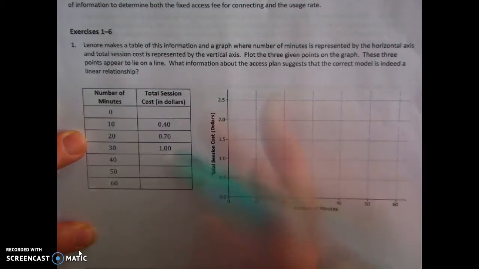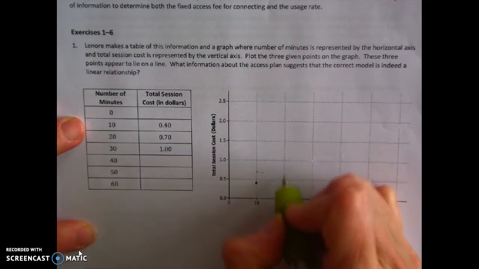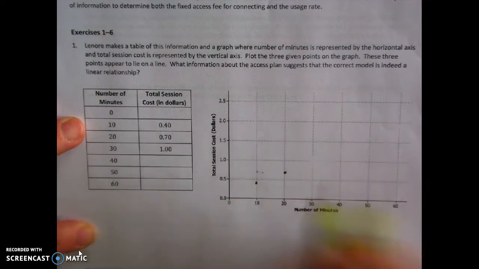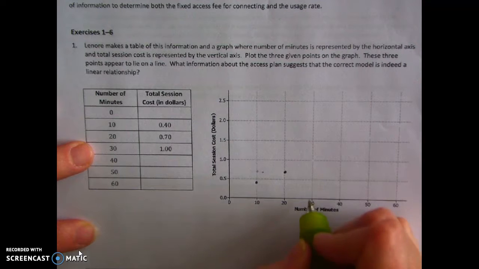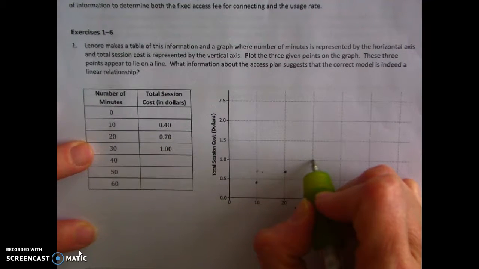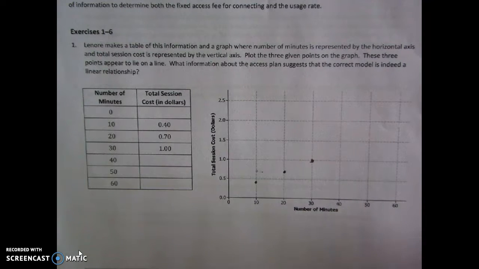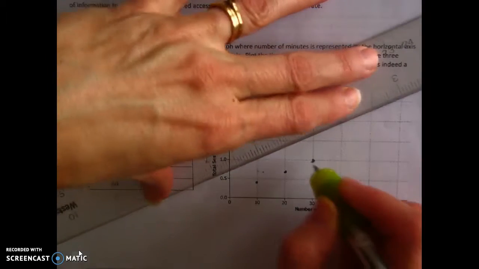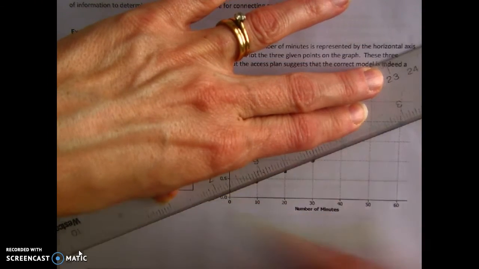This should be 10, 40, not 70, and then 20, 70. All right, so the 10, 40 is just under the 50 cents, and then 30 is at $1, so 30 is right at that point. Now, it doesn't tell us to connect and draw the line yet, but I'm going to do that so that maybe it'll help me with some other points that I'll need here eventually.